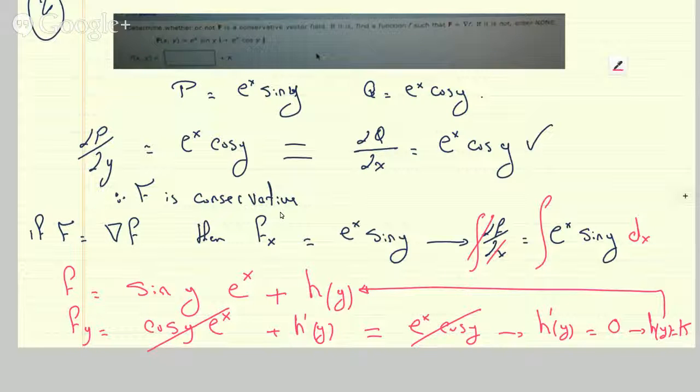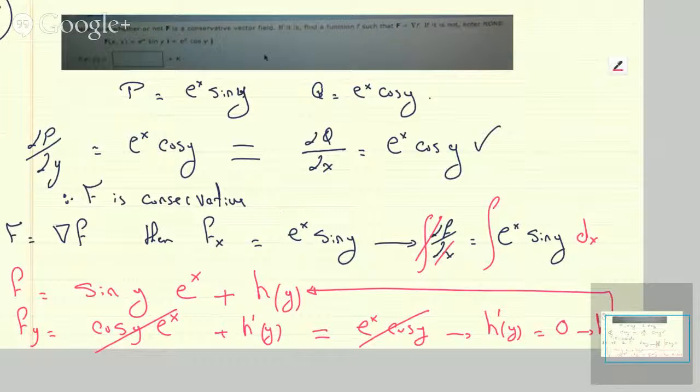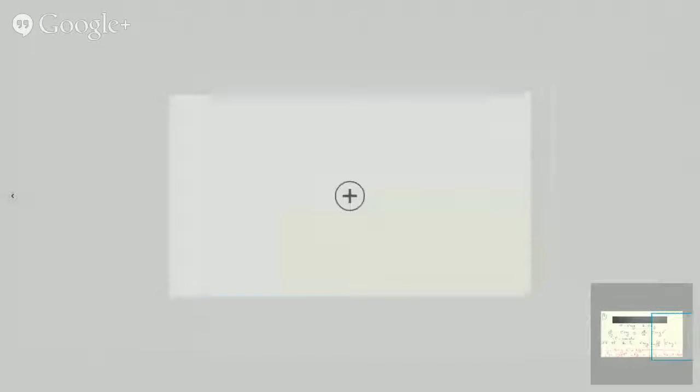That guarantees the presence of this lowercase f, whose potential is that conservative field, and I have just found out what that is. So the final answer would be f equals sine y e to the x, plus some constant k.